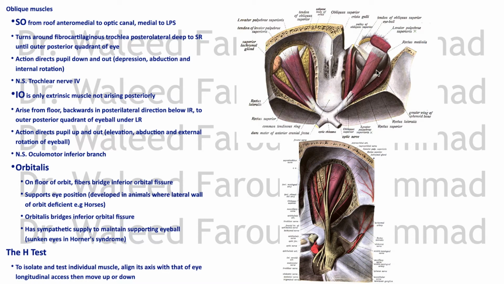Another muscle, if you want to test for the superior oblique, I asked you to forget about this part of the muscle. This one is the one we're talking about. So we have to bring the longitudinal axis of the globe with this axis. Means ask the patient to look medial. Okay? He's not using the muscle yet.